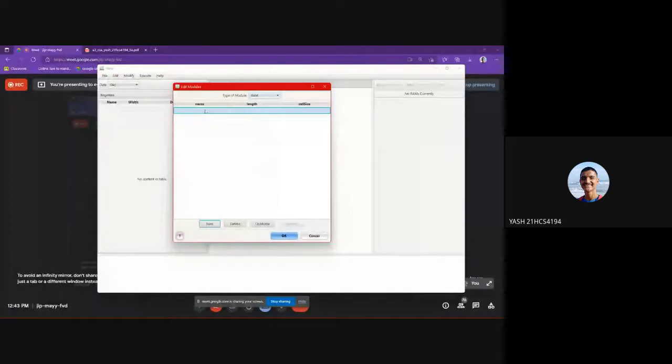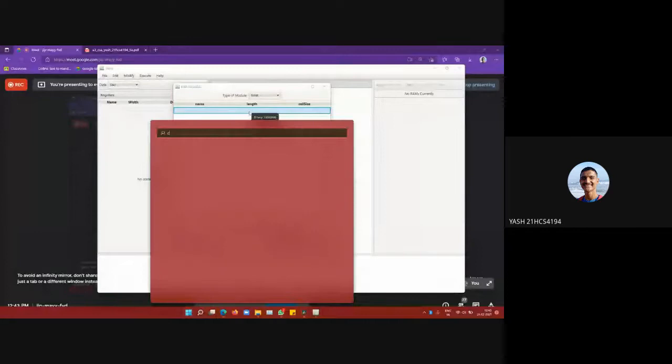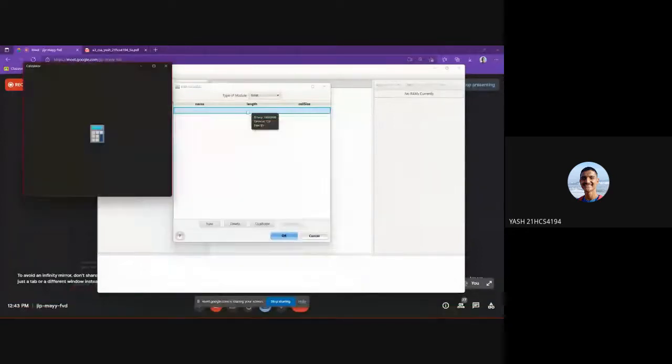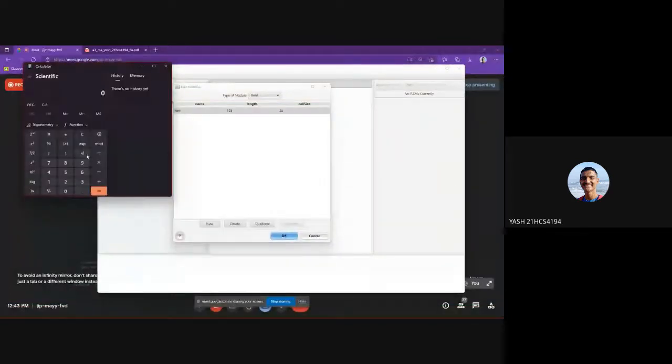In this RAM configuration, the length is 1024 into 1024 and the cell size is 32. So I just need a calculator for that. 1024 multiplied by 1024 will be this value in the length of the RAM.